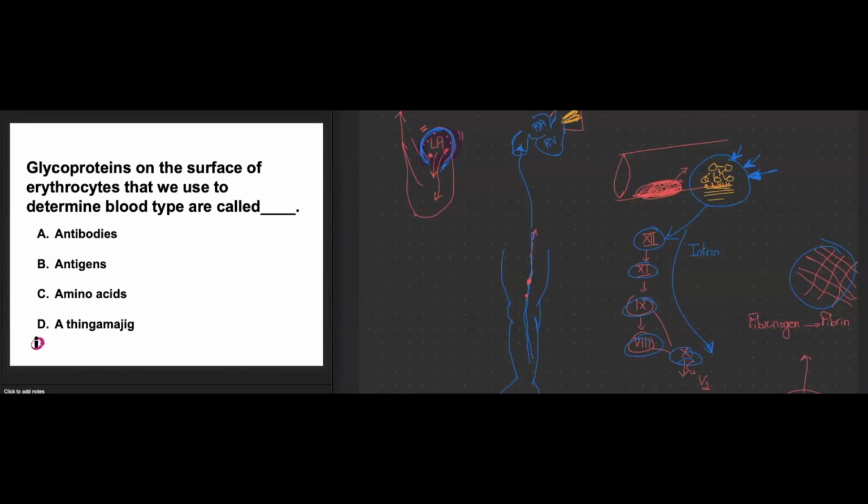All right, so what do you think about this question here? Glycoproteins on the surface. So how long before surgery? So it's usually recommended at least 10 days or so. At least 10 days. Usually they recommend a much longer period.